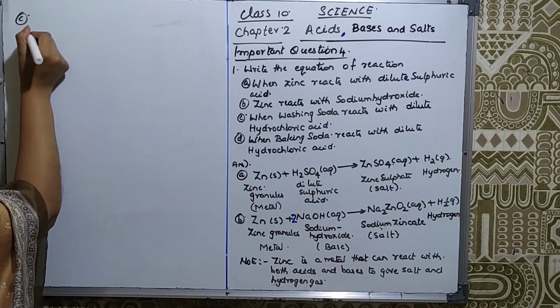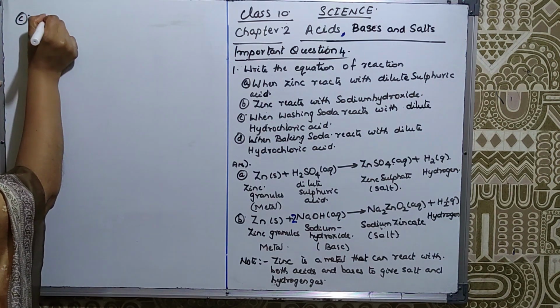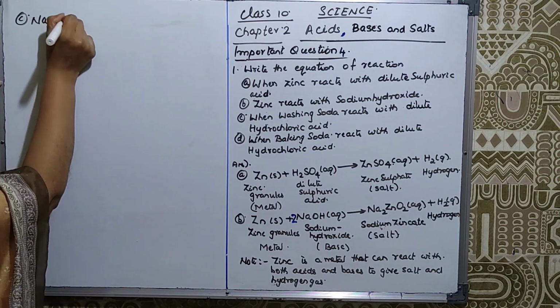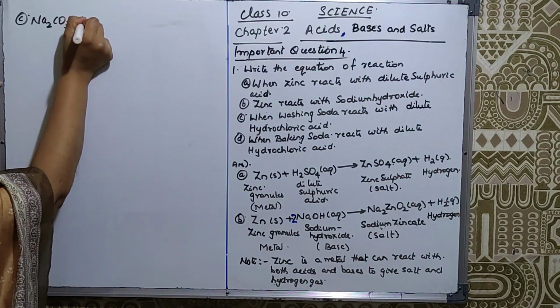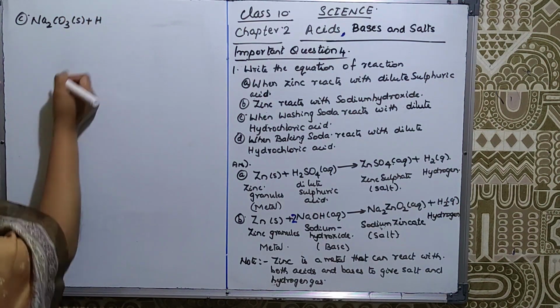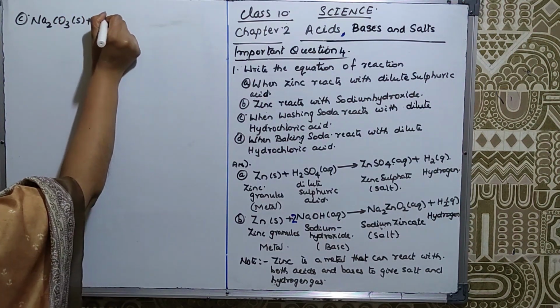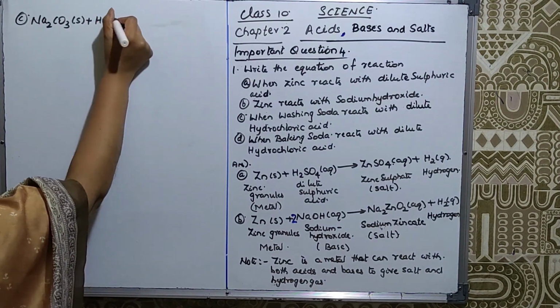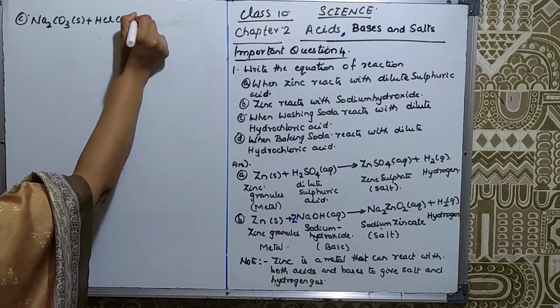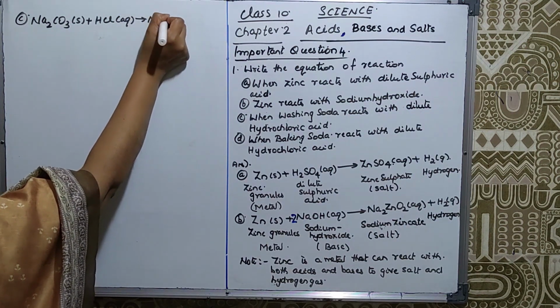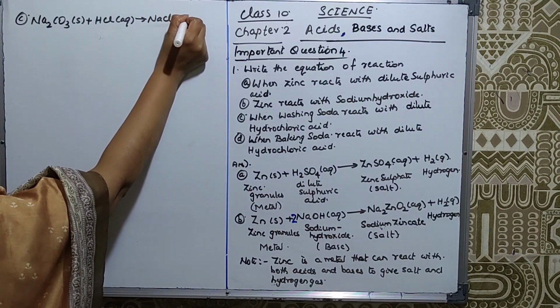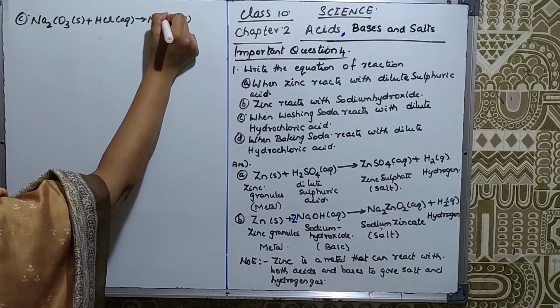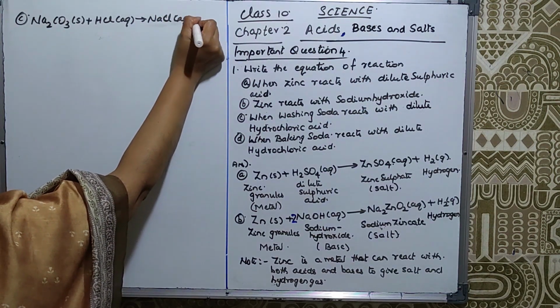So here, when washing soda, I mean sodium carbonate, Na2CO3 in the solid form, reacts with dilute hydrochloric acid, HCl aqueous, to give sodium chloride aqueous plus carbon dioxide plus water.